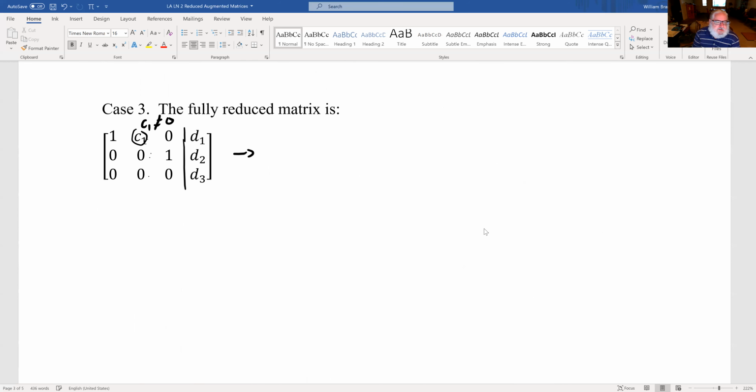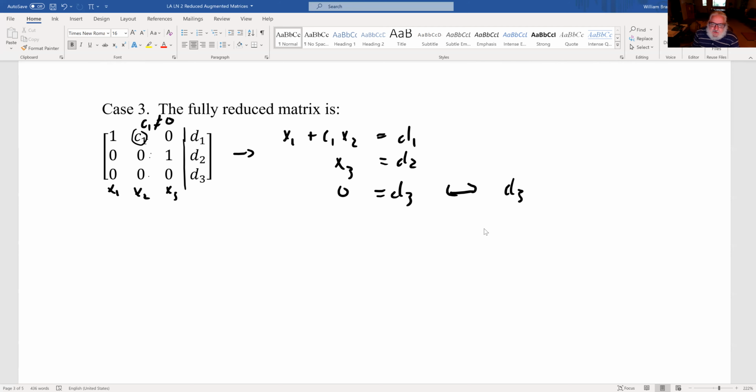So here the equations look like this. Right, so if we take this system of equations, remember that's my x1 column, x2 column, x3 column, I get these three equations. From this one, we know that d3 not equal to 0 means no solutions at all.